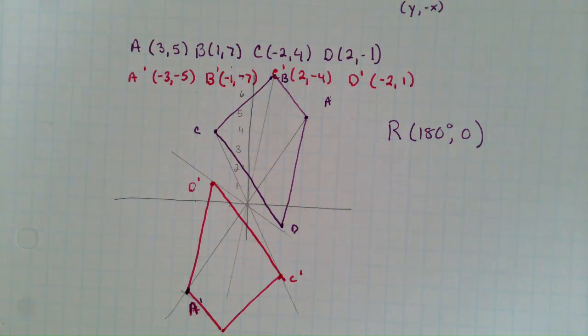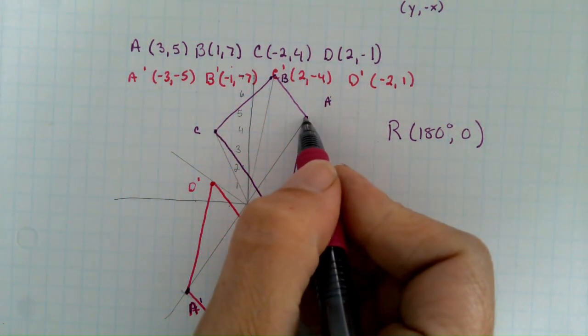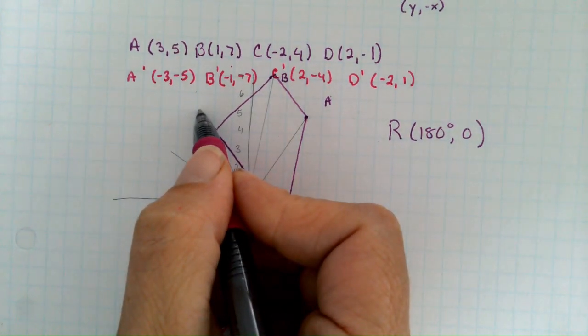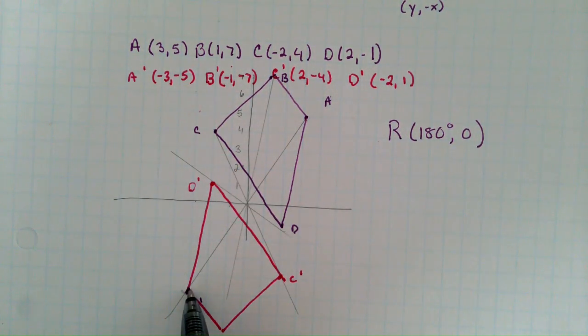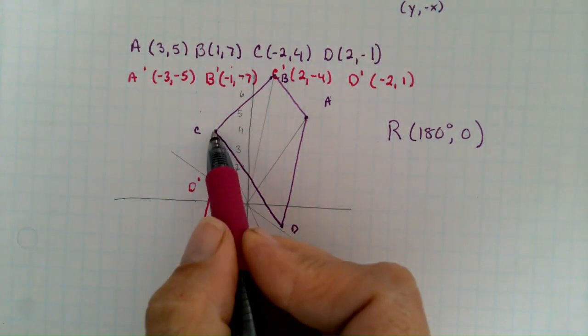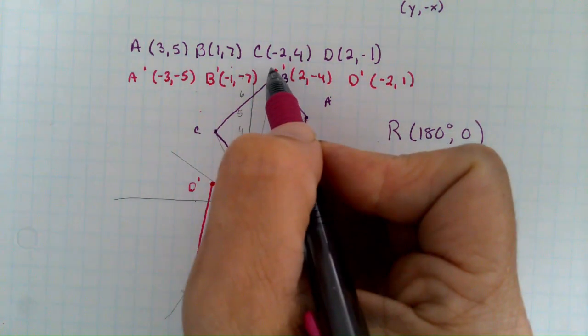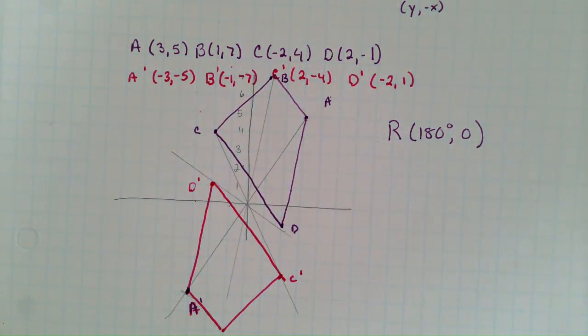Okay, now, if instead of rotating it, we had reflected the A over the Y and then over the X, we would have gotten here. Reflect the C over the Y over the X. Reflect the B over the Y over the X. Yeah.